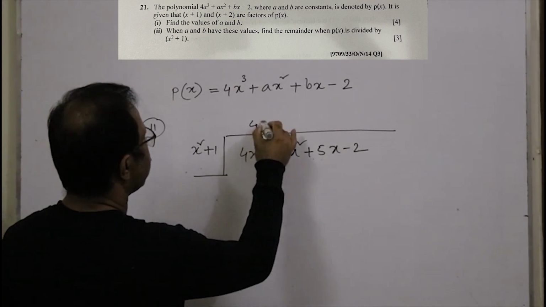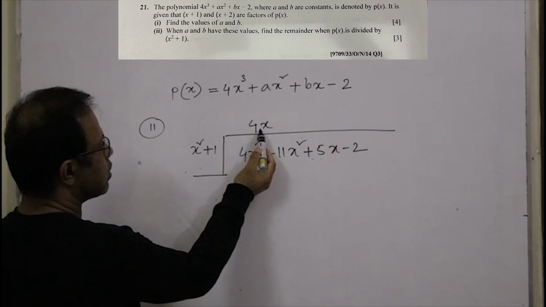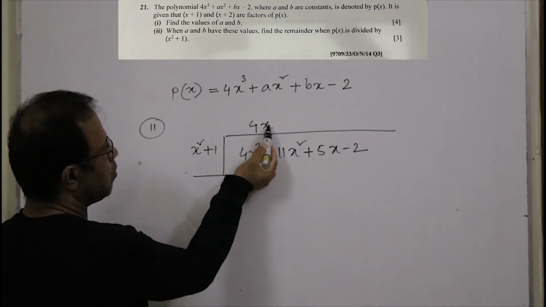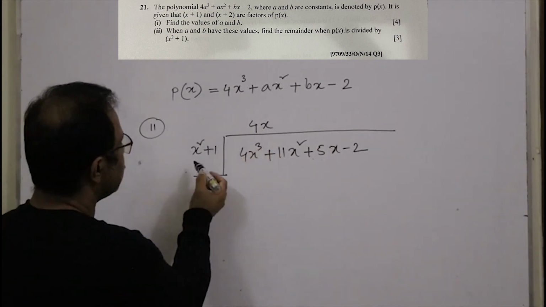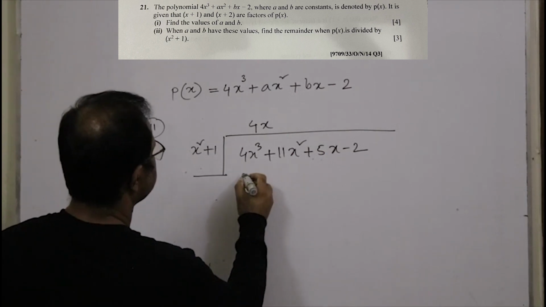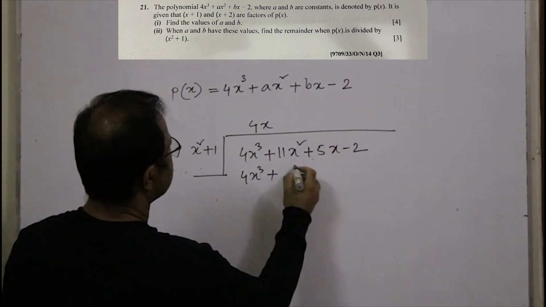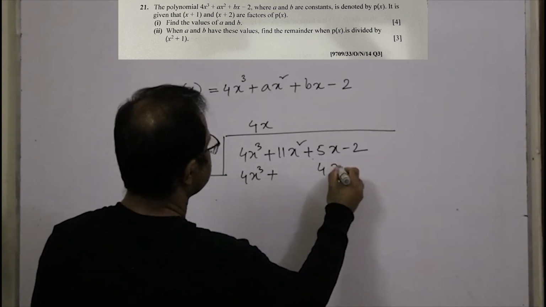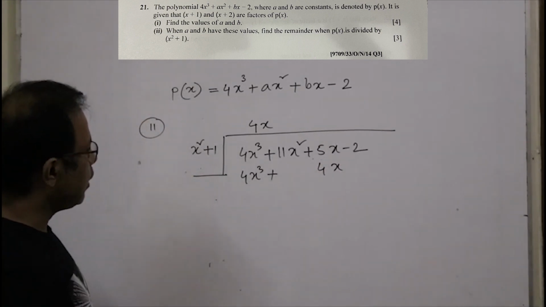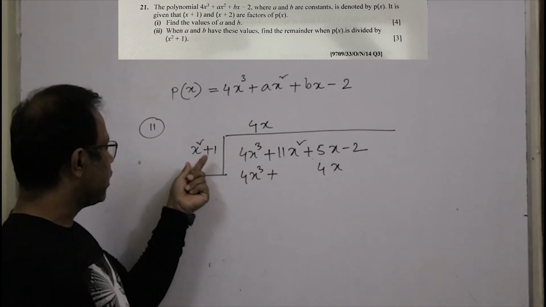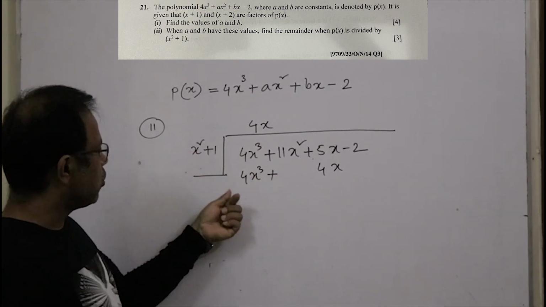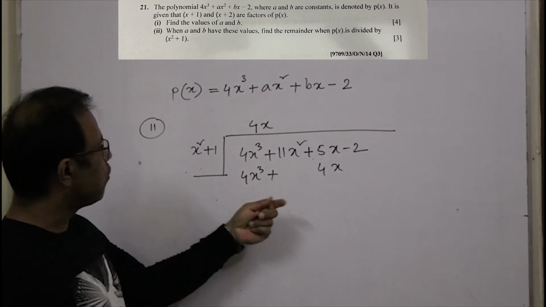It will be 4x times. If we multiply 4x by x squared plus 1, it becomes 4x cubed plus 4x.